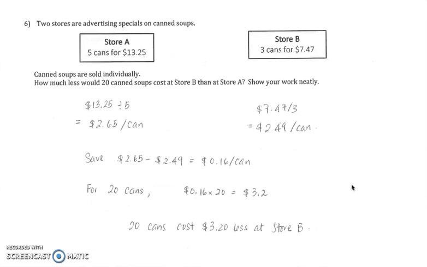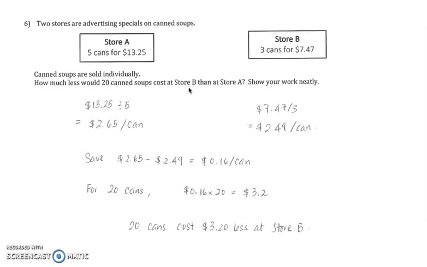Number 6. 2 stores are advertising specials on canned soups. Store A sells 5 cans for $13.25. Store B sells 3 cans for $7.47. Canned soups are sold individually. How much less would 20 canned soups cost at store B than at store A?